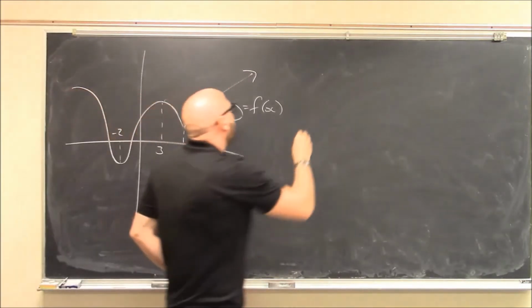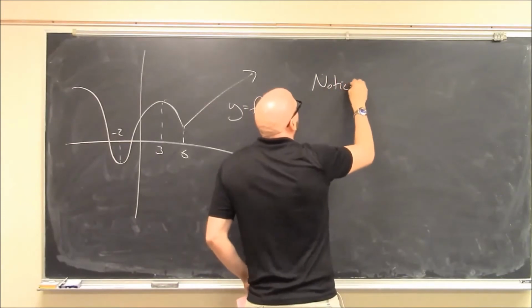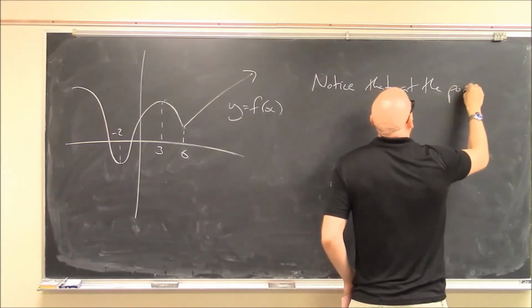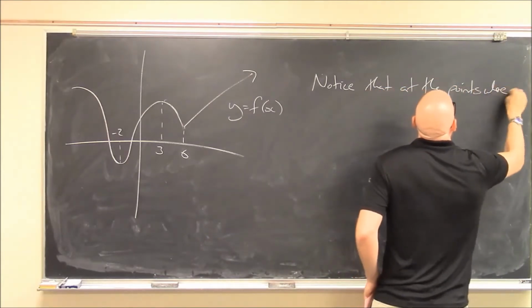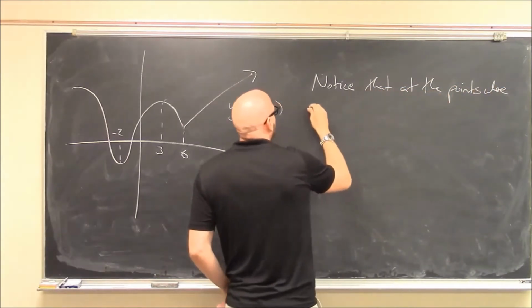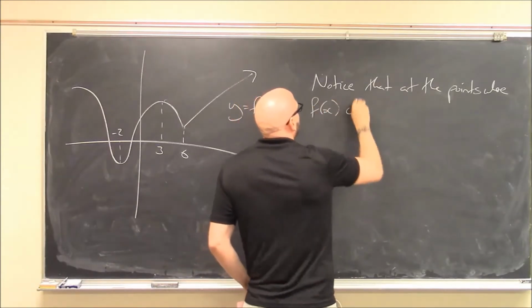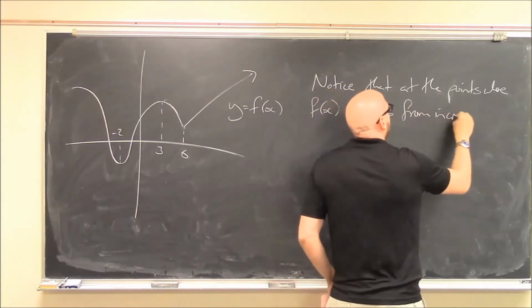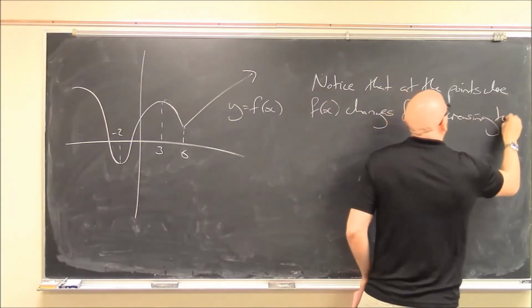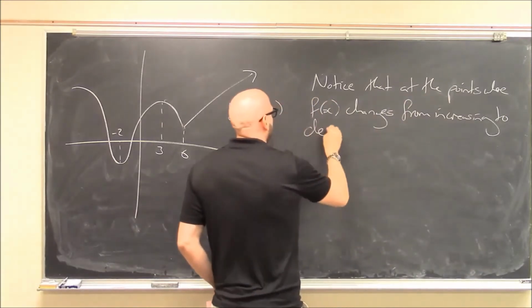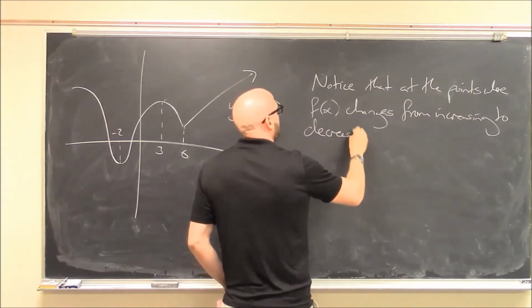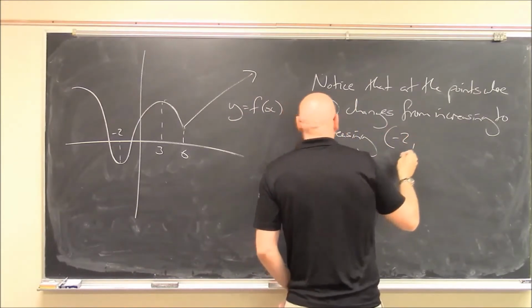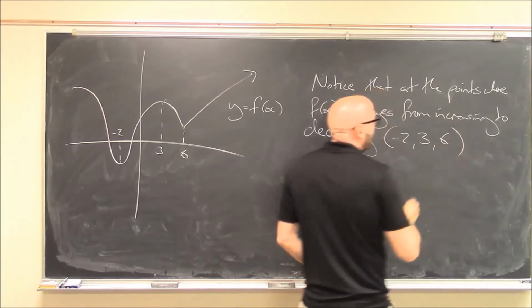Right? So notice that at the points where f of x changes from increasing to decreasing, or vice versa, these are -2, 3, and 6.